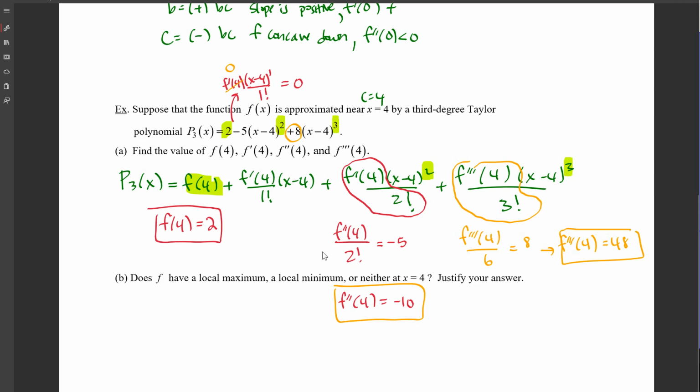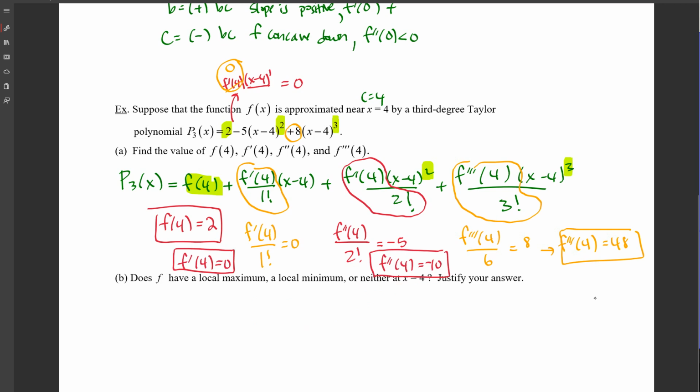So I set this equal to 0, and what I'll get is f prime at 4 is equal to 0.